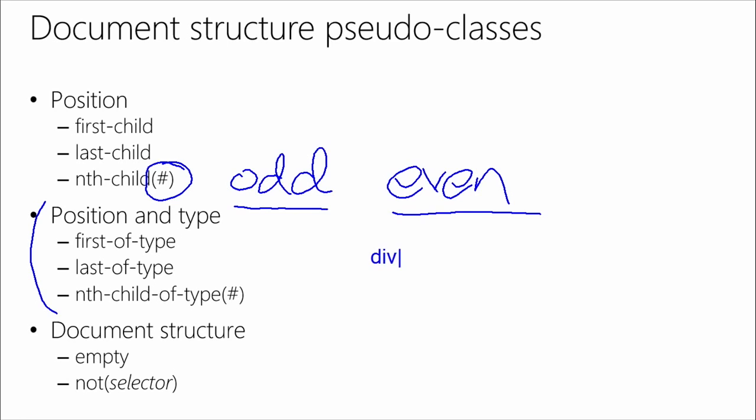Let's say I said div colon first of type, and then I set whatever my style happened to be, and then up here let's say that I said div and I said first child, like this.